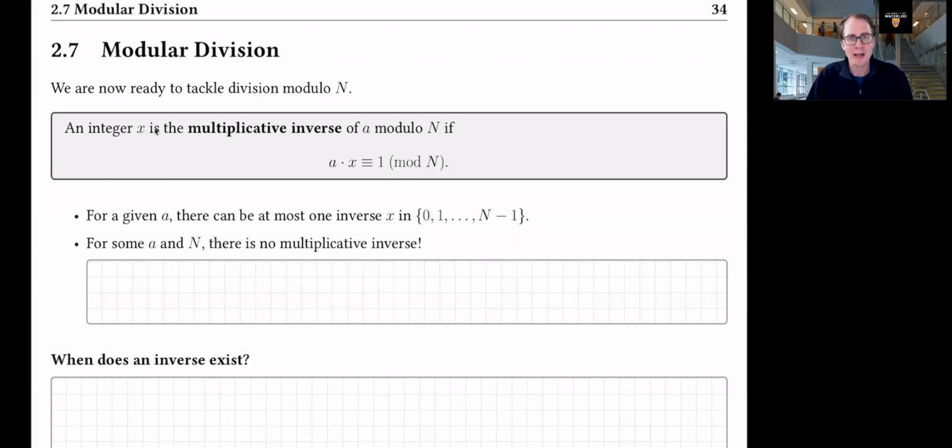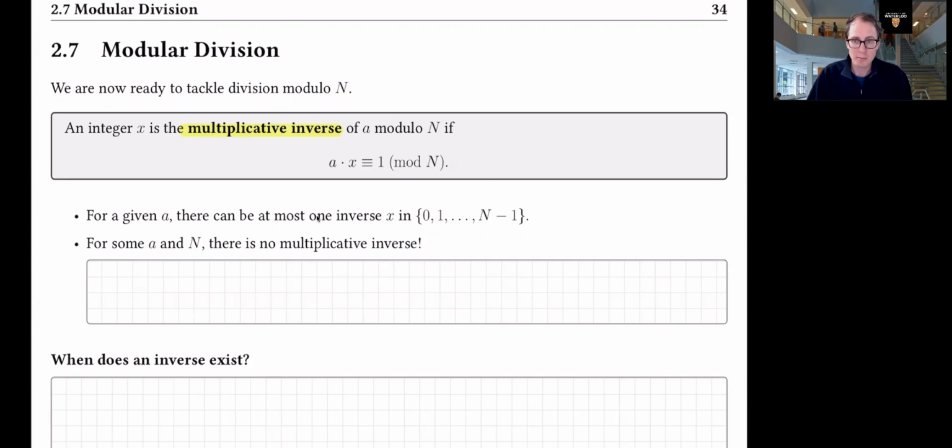An integer x is the multiplicative inverse of a modulo n if a times x is equivalent to 1 modulo n. Right? So when I multiply a by x and take mod n, I get 1. There's a few things.